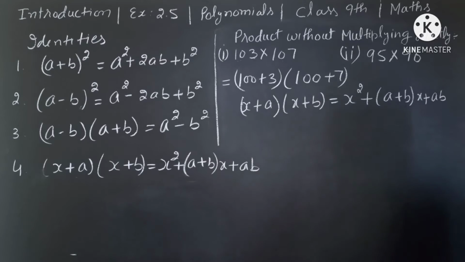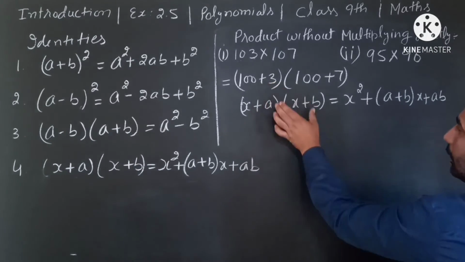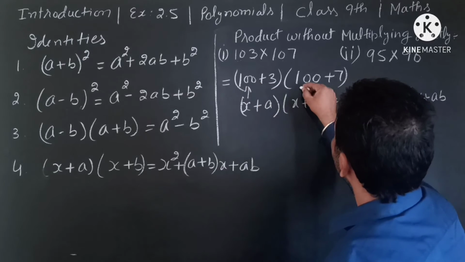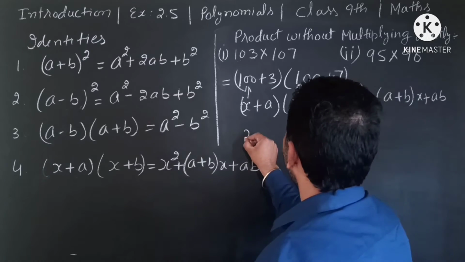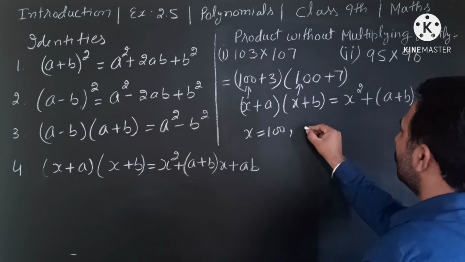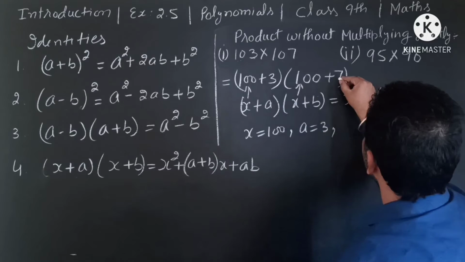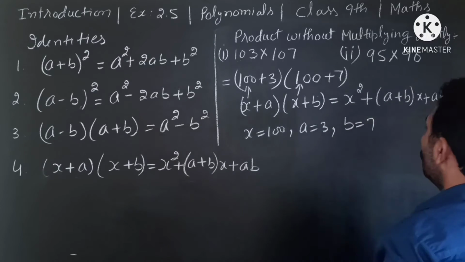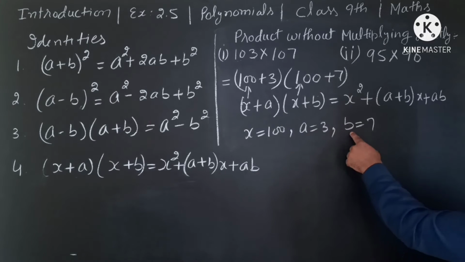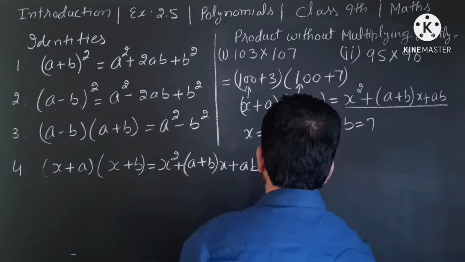Okay, so now if we are comparing these two products, we can check the value of x is 100 here. The value of x is 100 and the value of a is 3 and the value of b is 7. So we will substitute the value of x, a and b here. Okay, so how can we solve?